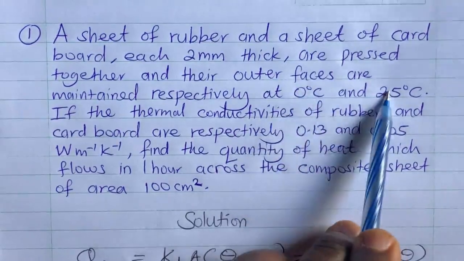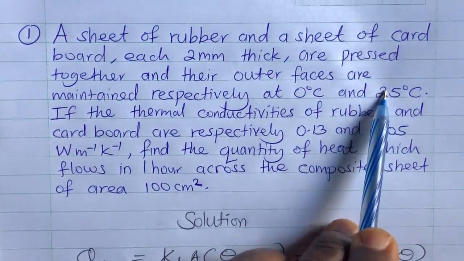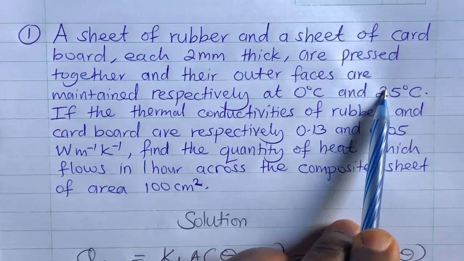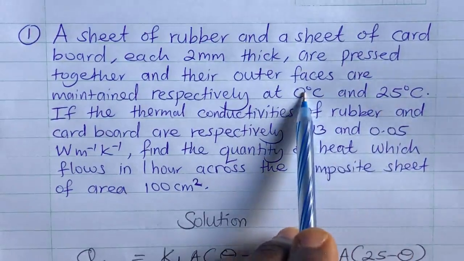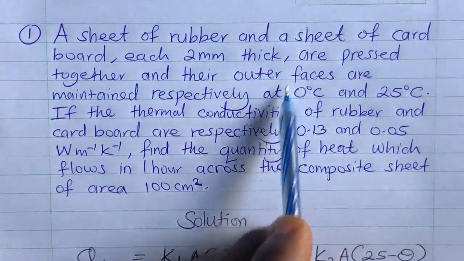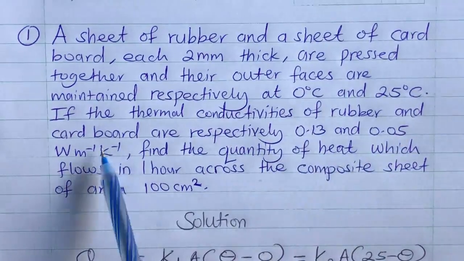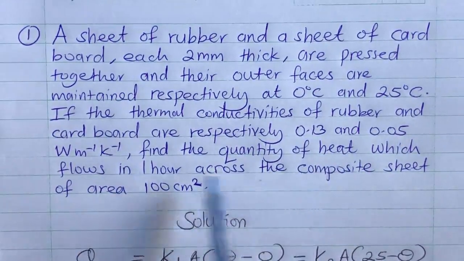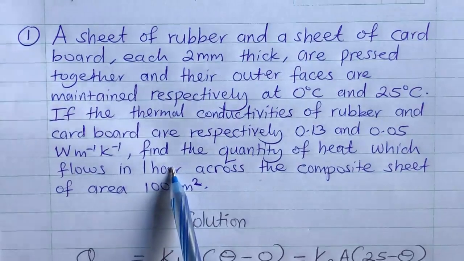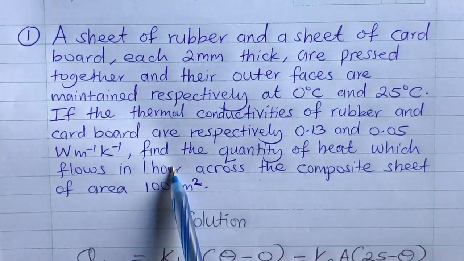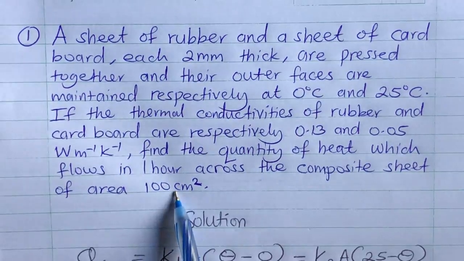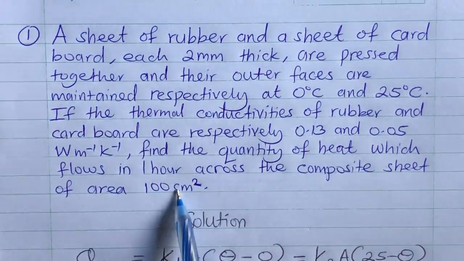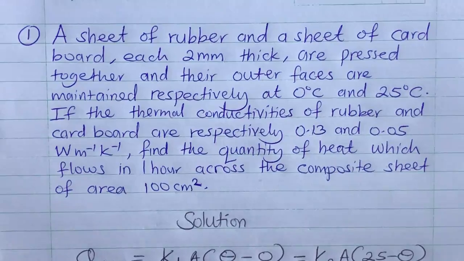For the temperatures, we shall leave them because we are looking at the temperature difference, and it is the same whether you convert or not. That's why we leave them. And then we are given the thermal conductivities. We are given the time. Time is an hour. We need to convert it to seconds. We are given the area in centimeters squared, so we need to convert it to meters squared.